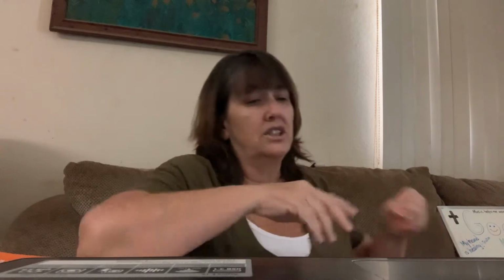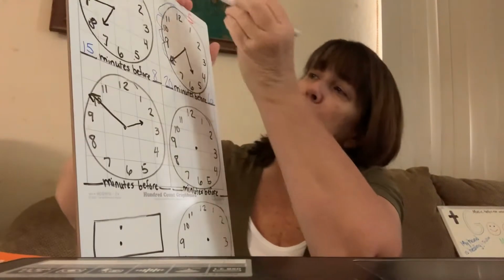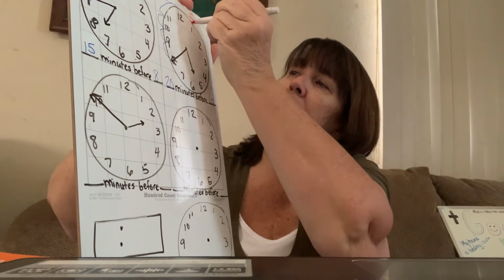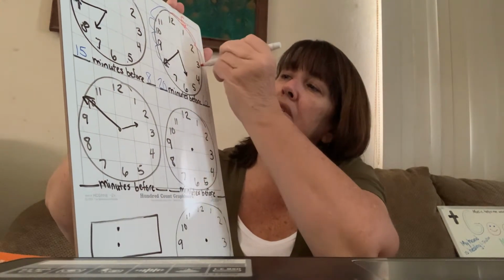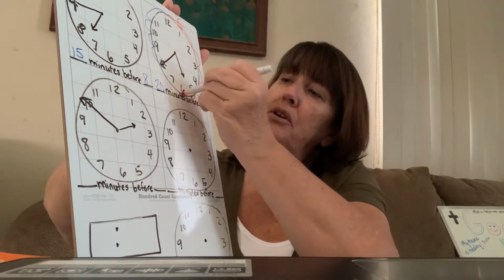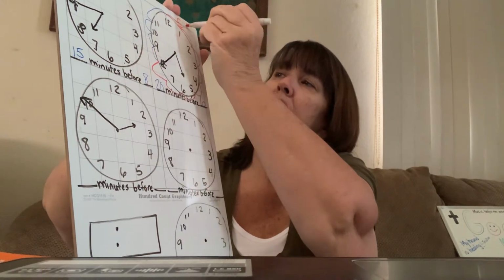Because then it also asks you to write it digitally. So we're in the 5 o'clock hour. Okay, and let's do the 5 o'clock time. We got 5, 10, 15, 20, 25, 30, 35, 40.